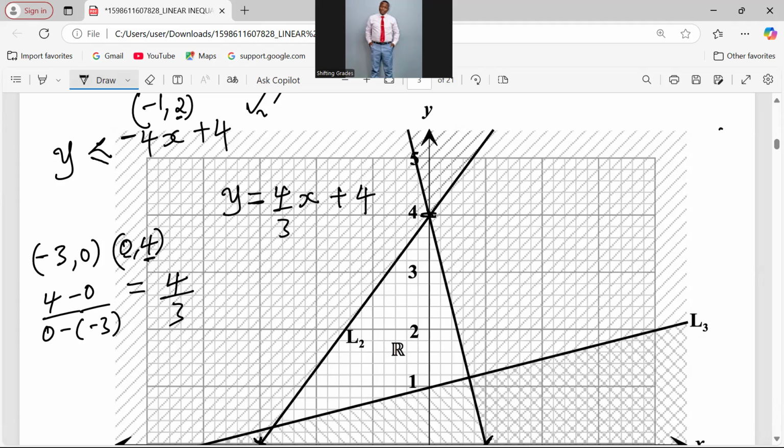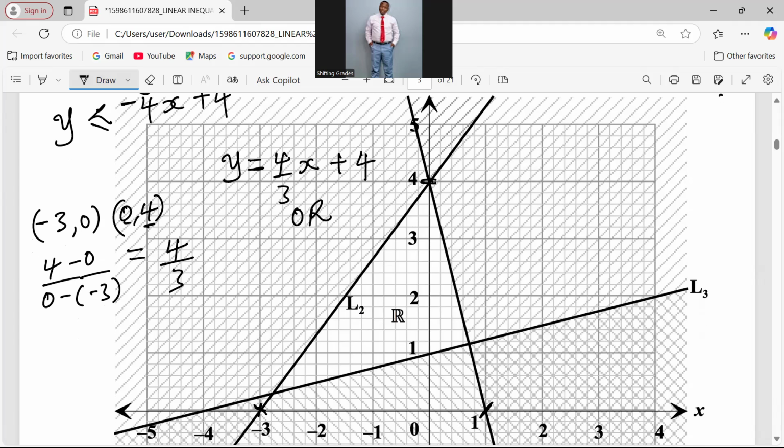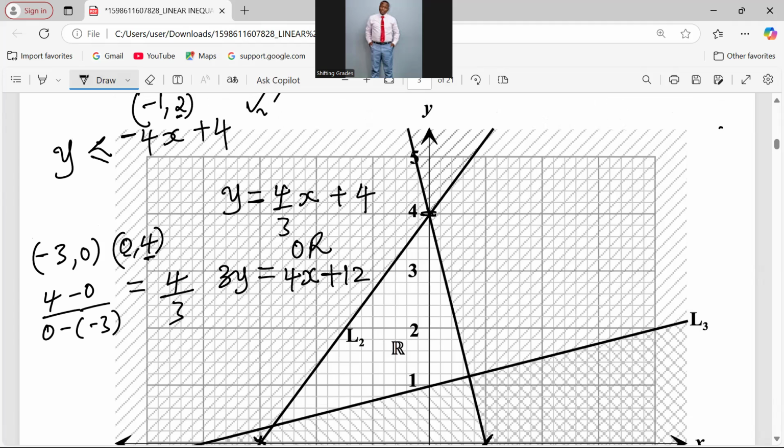So this equation can also be, we multiply through by the 3 found at the denominator, so that we have 3y equals 4x plus 12. So the two equations are just the same. You can work with any. So assume we have to work with the first one.